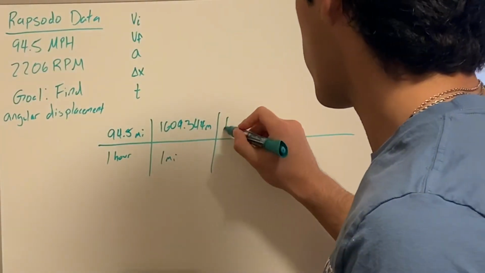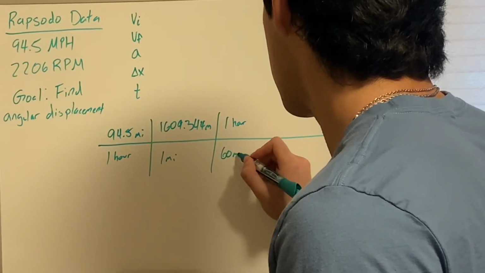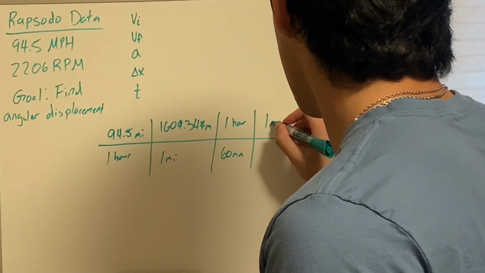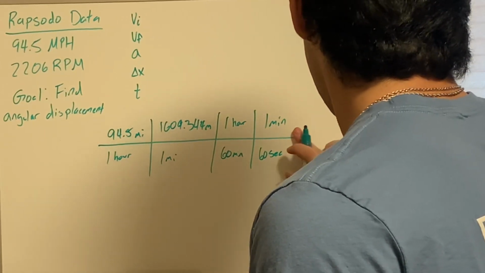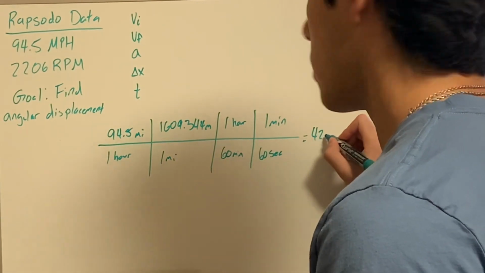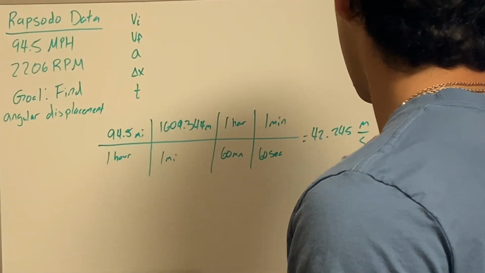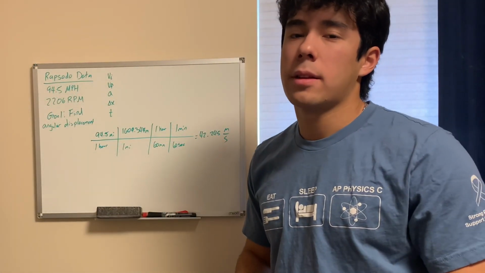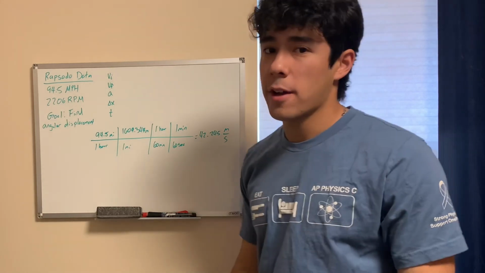So we know that for every 1 hour, there's 60 minutes, and for every 1 minute, there's 60 seconds. And this is going to give us around 42.245 meters per second. So now we know that the initial velocity and the final velocity is 42.245 meters per second.